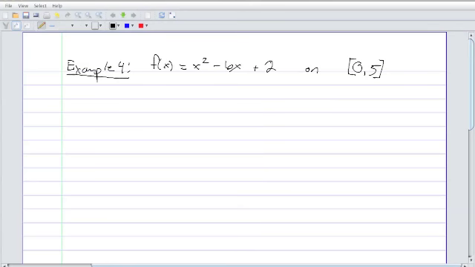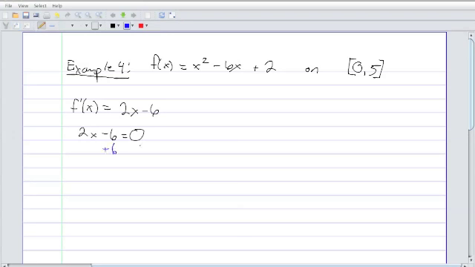Okay. So first we want to take a look at our critical values of f. So our f prime is going to be 2x minus 6. If we set this to 0, we have 2x minus 6 equal to 0.